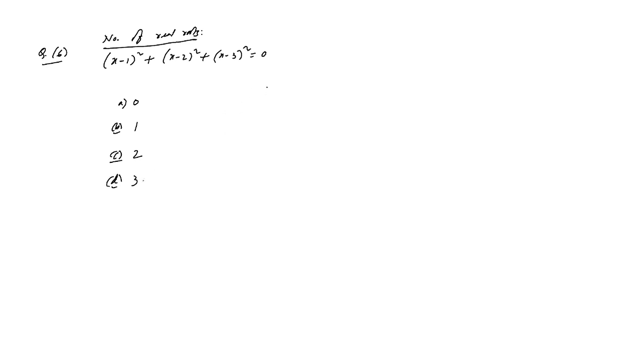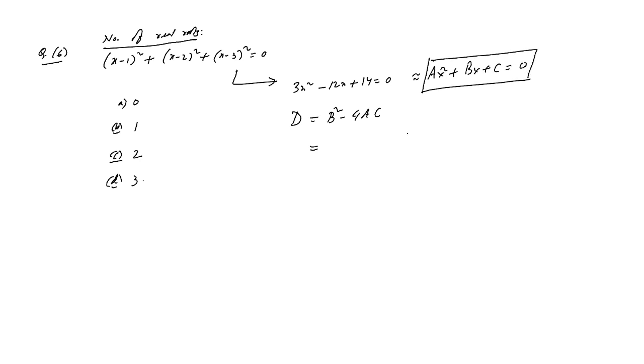So you solve this equation, expand all the whole square terms, and you will get 3x square minus 12x plus 14 equals 0. Obviously you need to calculate the discriminant. The discriminant D equals B square minus 4AC, and here you compare it with ax square plus bx plus c equals 0, so you get the values of a, b, c.